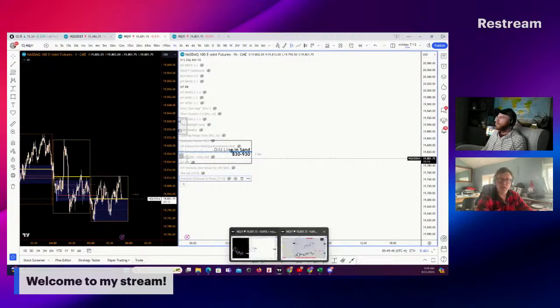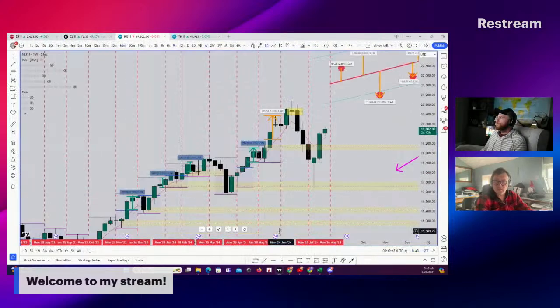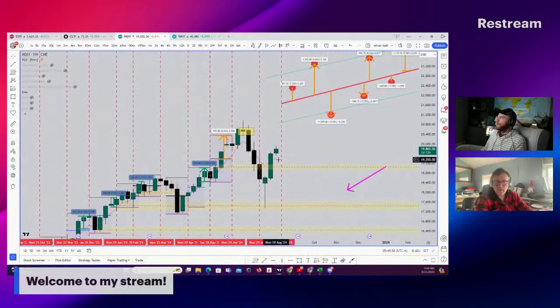Here, we're not overextended. We got overextended to the downside by 9%, but now using the fixed anchor, we're only at 2.28%, right?